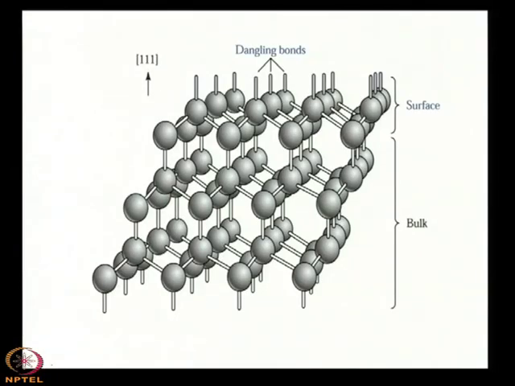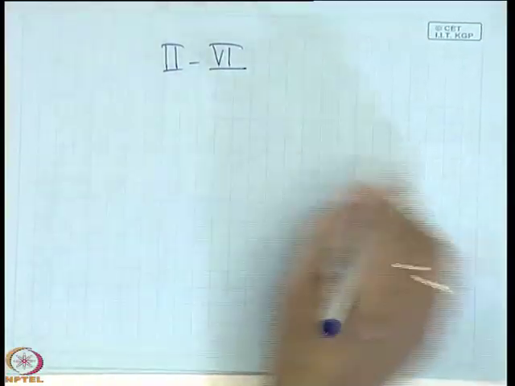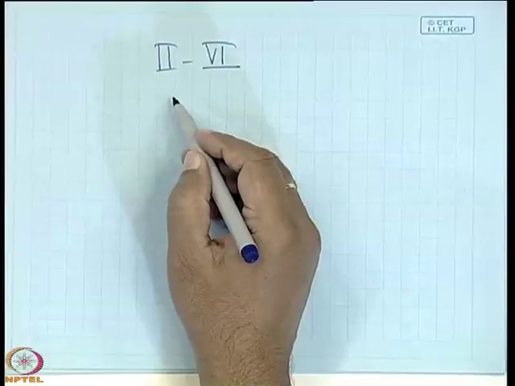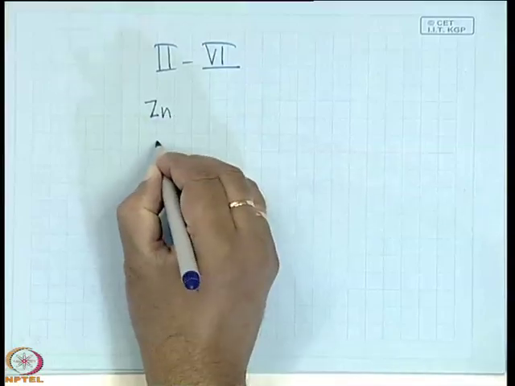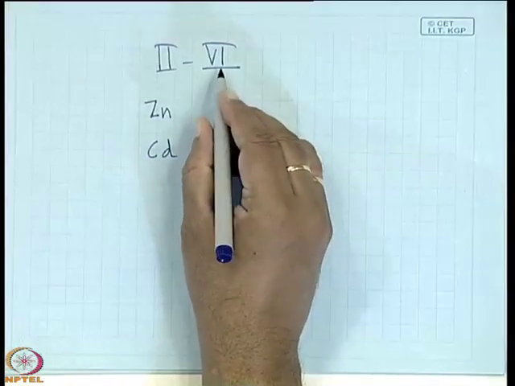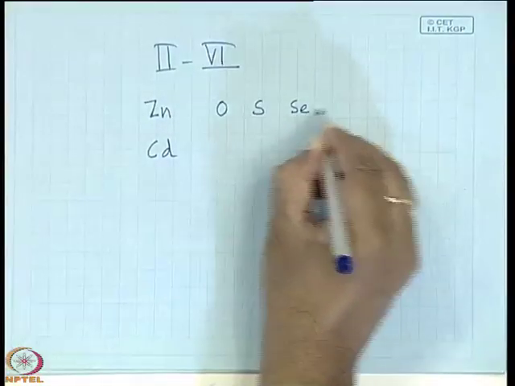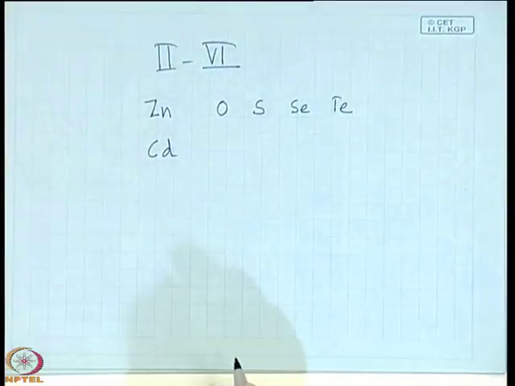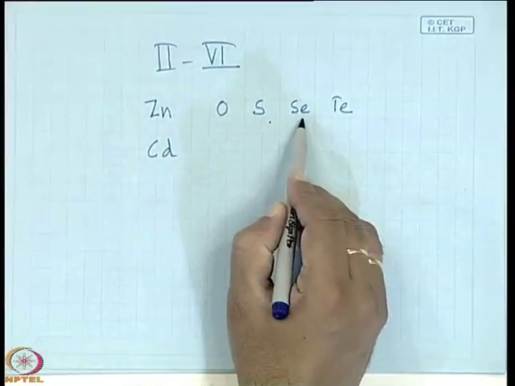Okay, and another thing is that apart from this 3,5 compound, you have 2,6 compounds. 2,6 means one element from group 2 of the periodic table and one element from group 6, say zinc and cadmium, and in group 6 you have oxygen, sulfur, selenium and tellurium.